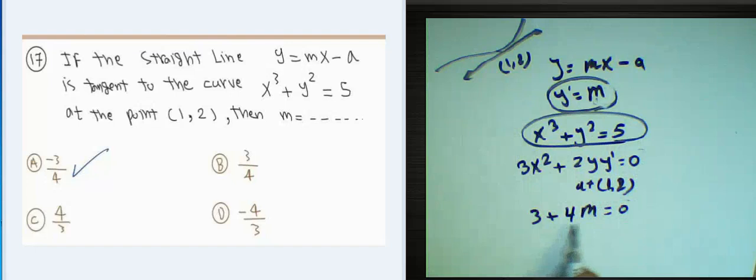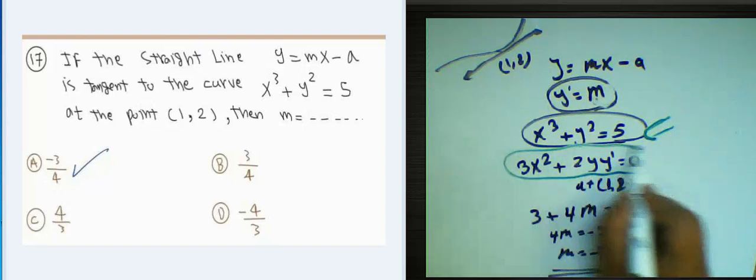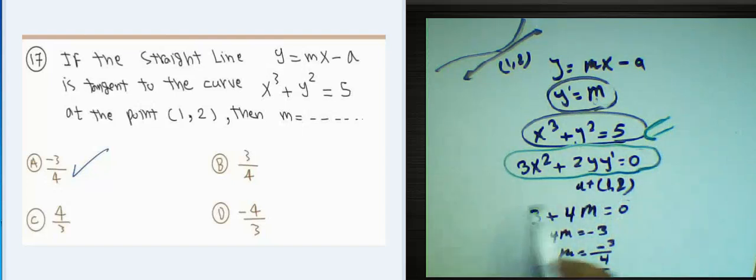Then 4m will be equal to negative 3, then m equals negative 3 over 4. The result will be letter A, because we took the derivative of this function with respect to x. Then m will be negative 3 over 4.